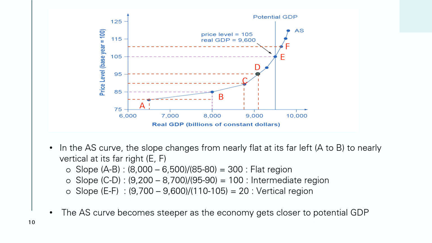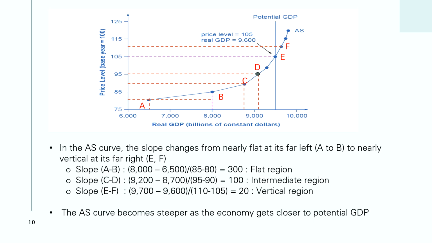Let's look at how the slope of the aggregate supply curve changes depending on where the economy is operating. The aggregate supply curve has three distinct regions. In the flat region from point A to point B, the economy is well below potential GDP.